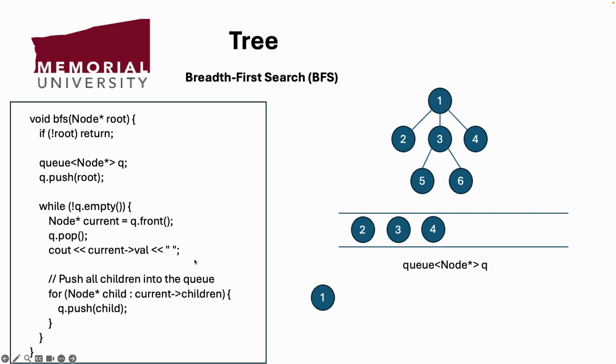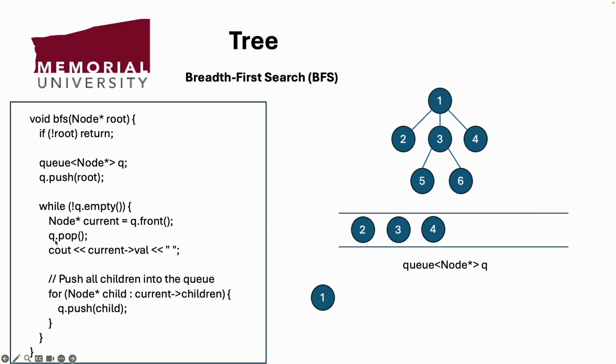And next step here, we come back into the while loop to check whether the queue is empty or not. In this case, the queue is not empty. So the current node is defined as queue front, which means 2.